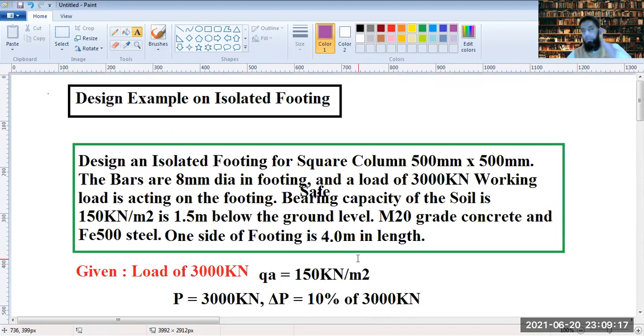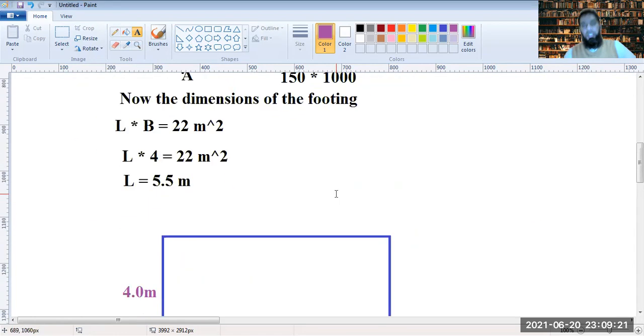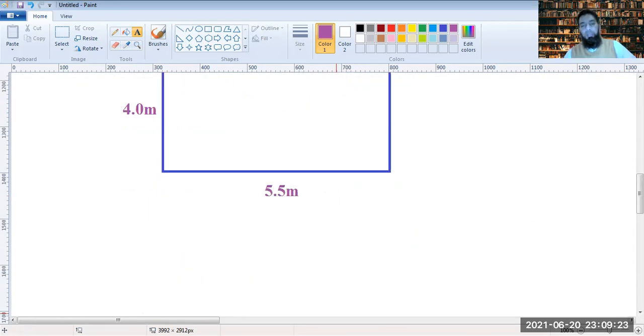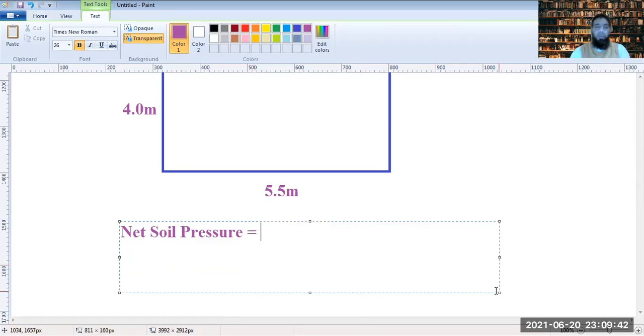Otherwise, because the column was square, we could have simply gone for a square footing, under root of 22, and that would have given us the square footing. We could go for areas greater than what we have provided here, 5.5 cross 4.